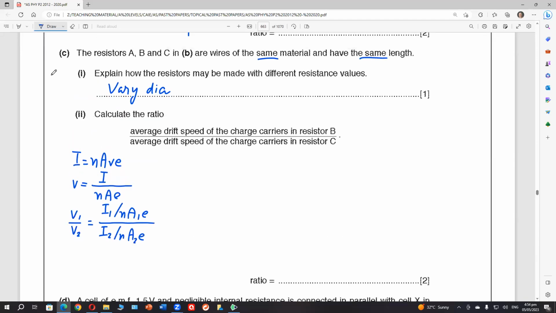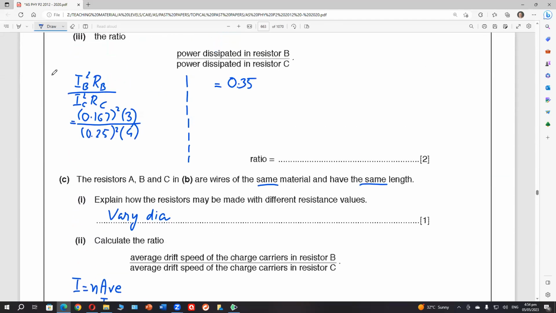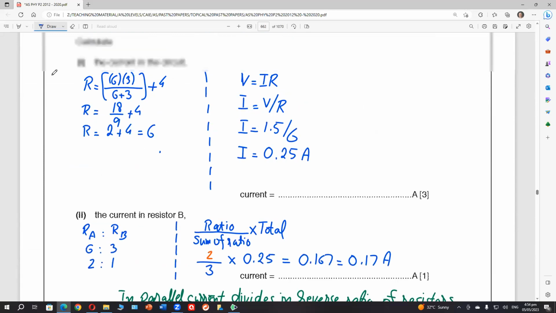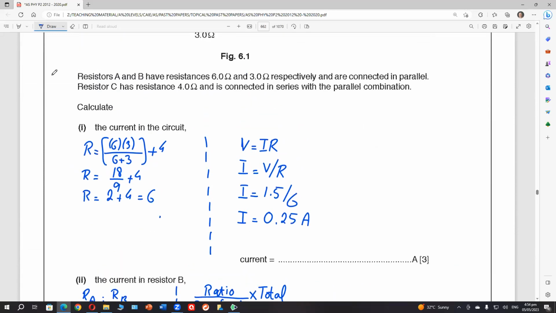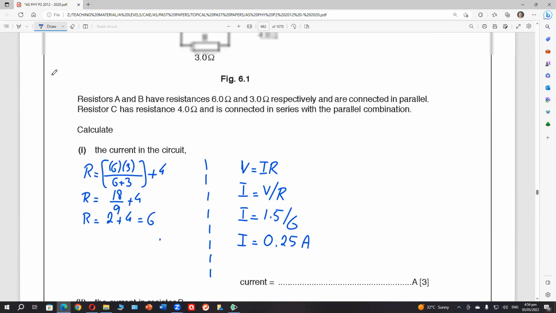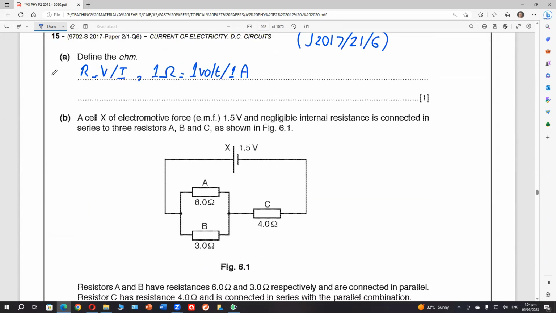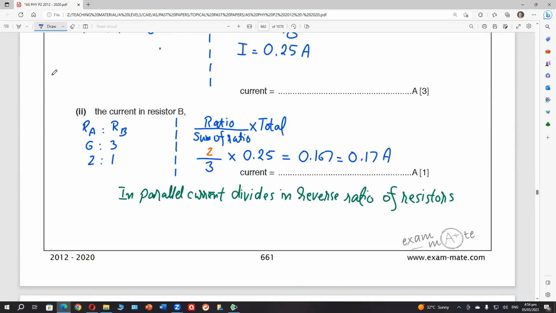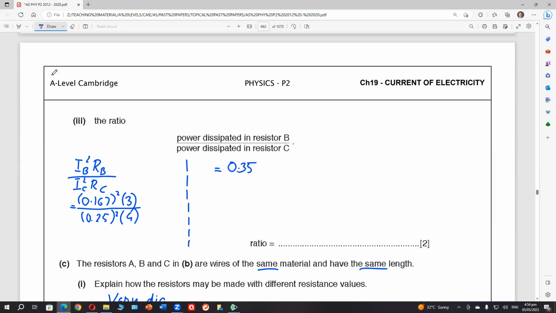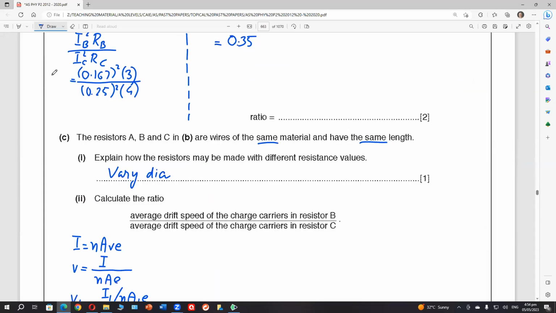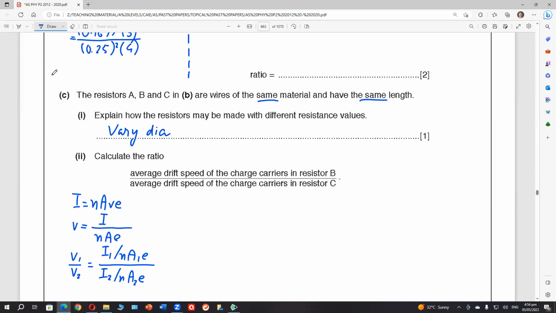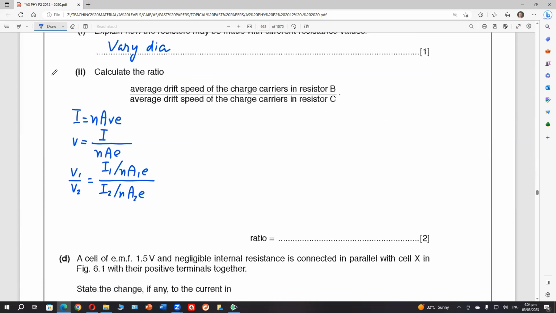Now the problem is area. We have the current, but the problem is the area.